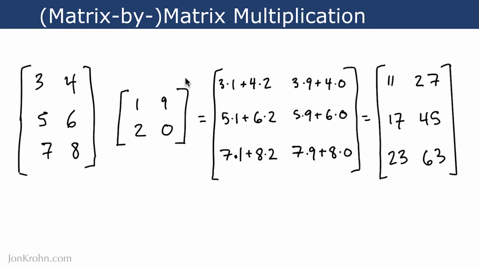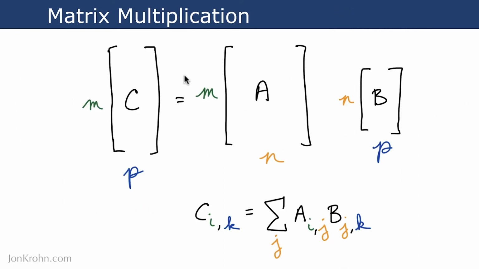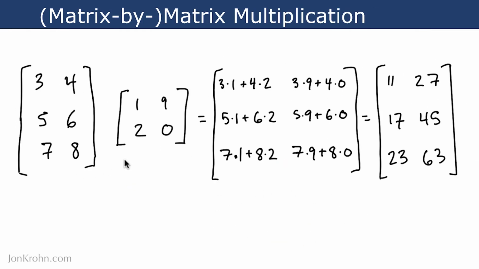So again, following the rule of matrix multiplication, we first do 3 times 1 plus 4 times 2 to get this cell in the top left-hand corner of the output matrix.